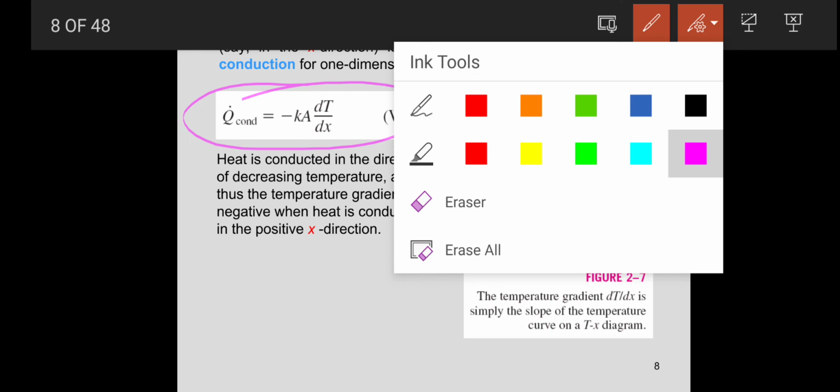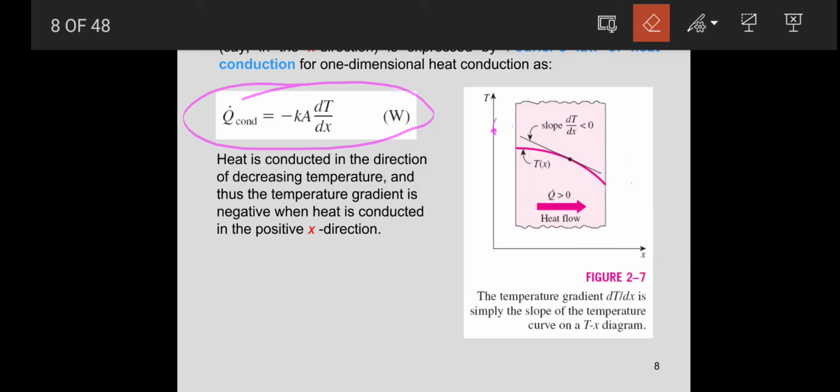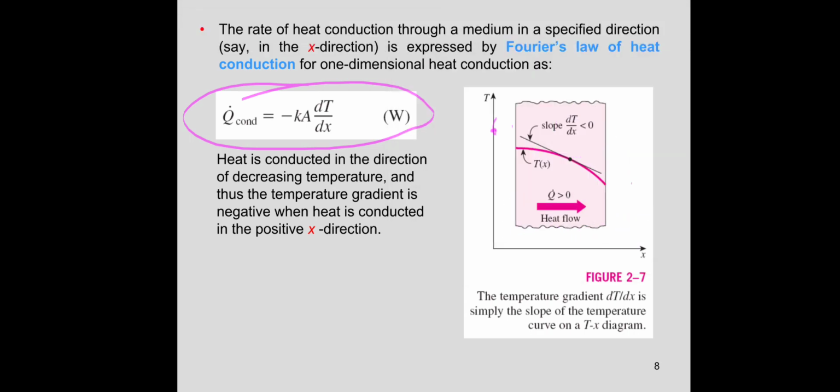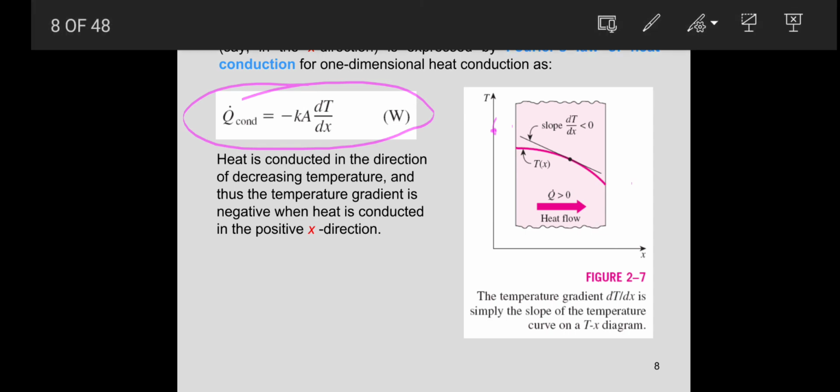The slope is negative, but heat transfer is positive. The slope being negative means the temperature is changing in the x direction from a higher value to a lower value, so the slope is negative.